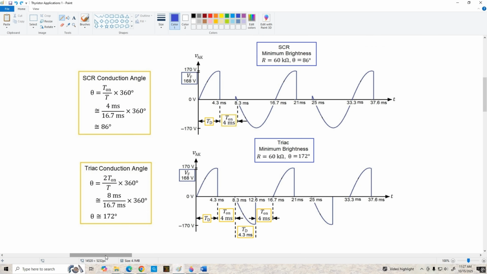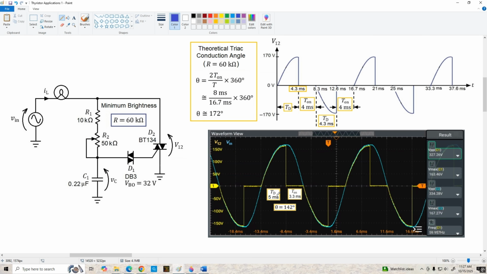Now what I want to do next is take a look at the actual waveform for the TRIAC control circuit under minimum brightness conditions and compare it to this theoretical waveform. And this is what we get. We have an actual time delay of 5 milliseconds versus the theoretical of 4.3 milliseconds.